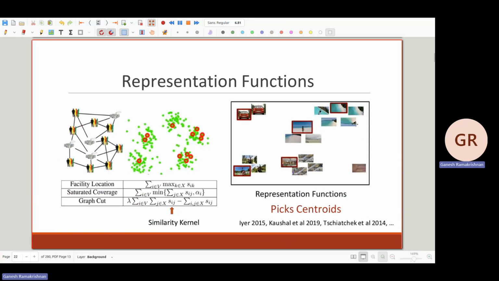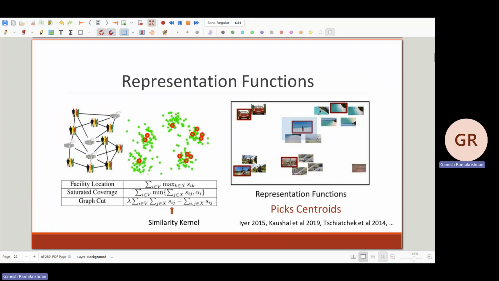Representation functions. As I said, if I'm given these sets of points, the representation would basically mean that I pick, let's say I'm allowed to pick 6, in this case 5 images. I could have picked this image, but I'm not. What have I done? I've picked 1, 2, 3.